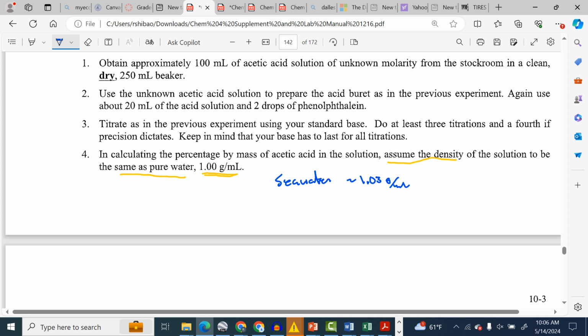unacceptable? Well, it depends. For our Chem 4 calculations, this is acceptable, but we probably would rather use this. I would much rather use the density of acetic acid, but the density changes with concentration. So we're going to use this assumption, and we're going to keep in mind that we're going to have an error.